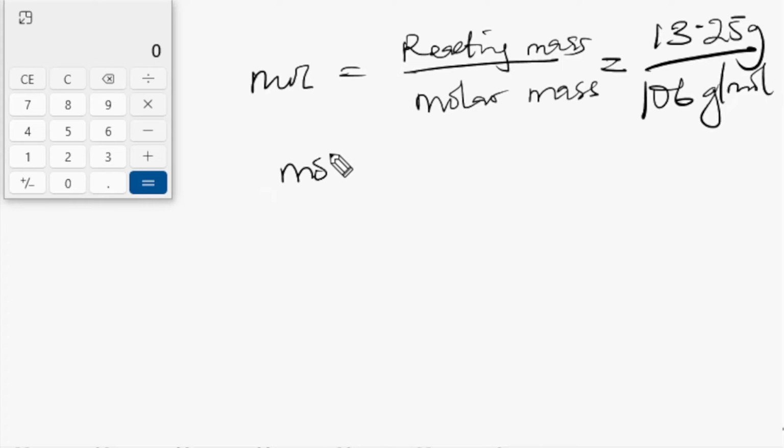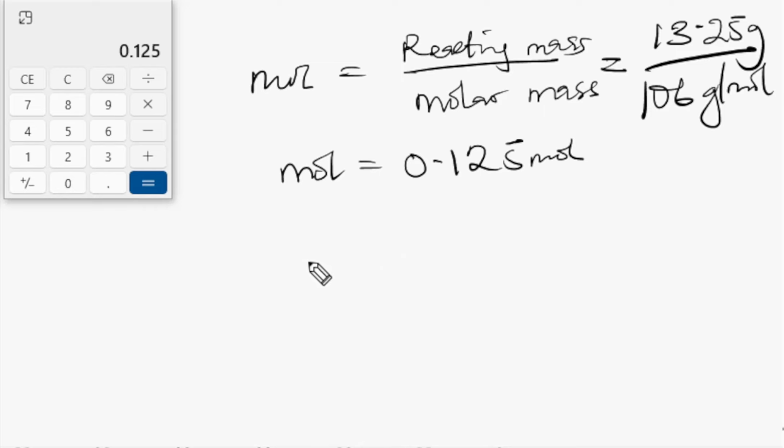So it means that the number of moles here will be, let's solve this together, 13.25 divided by 106, that's 0.125 moles. So guys, now that we've gotten 0.125 moles here, we already know that the number of moles for this dry mass of sodium trioxocarbonate(IV) is still the number of moles for this initial solution of sodium trioxocarbonate(IV).